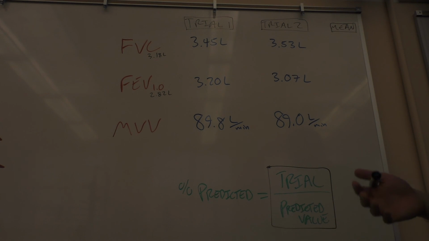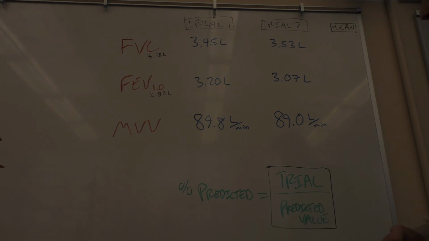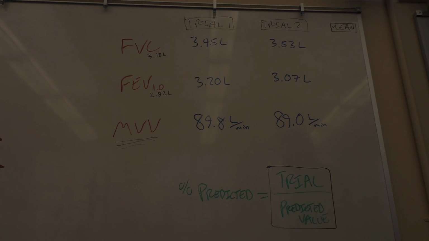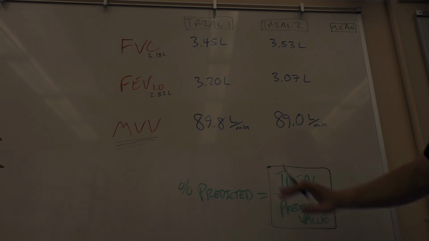There's some debate as to whether or not that would be the case, namely with respiratory muscle fatigue, something we touched on in last week's lectures. So that's something to consider with MVV, and that's why when we're talking about MVV, it is actually a hypothetical measure. It's a hypothetical measure because we only measure 12 seconds of that 60-second value. But regardless, the outcome variable is in liters per minute. So it's always kind of got an asterisk next to it.